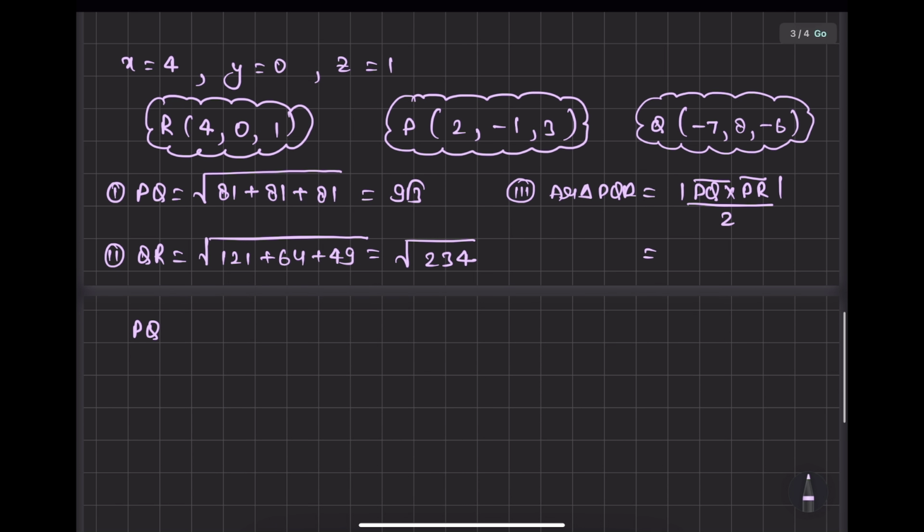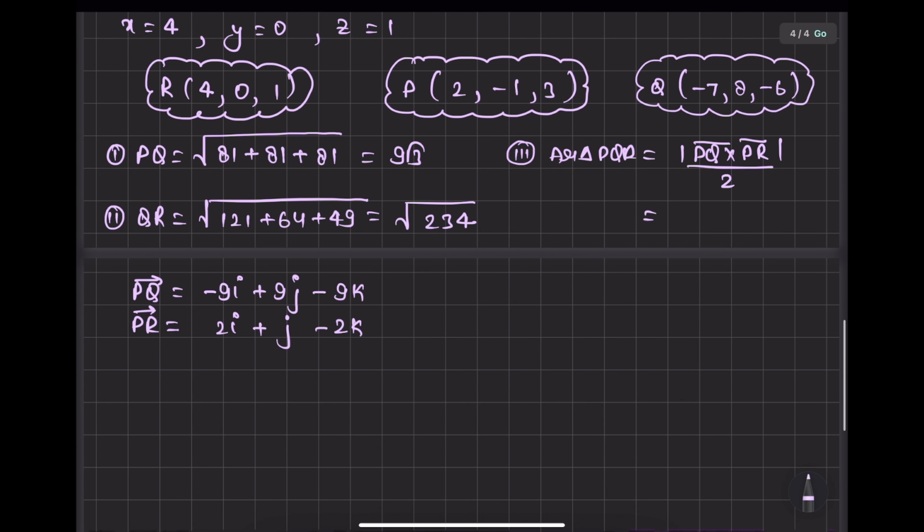So PQ vector is Q minus P. So Q minus P is -9i, 9j and -9k. Correct? So this is PQ. And then PR, R minus P. So it is 2i, then j and then -2k.